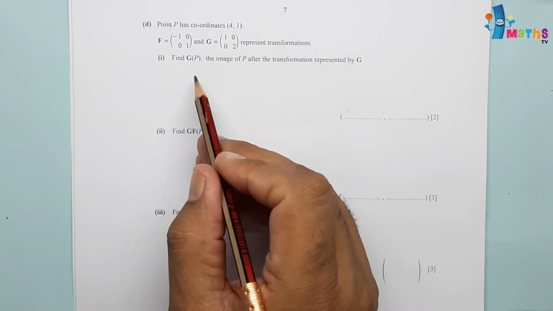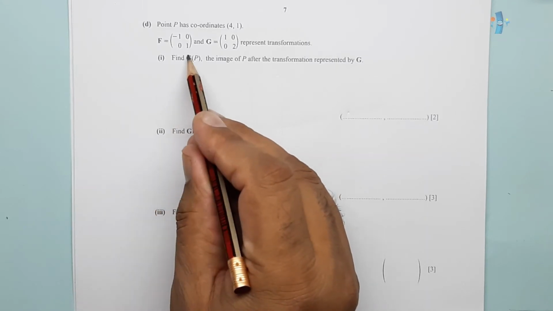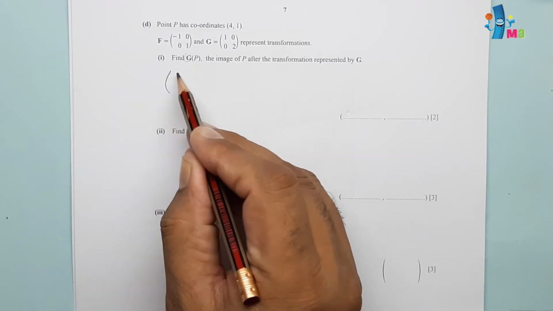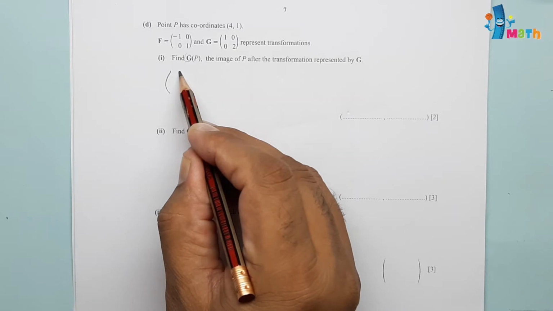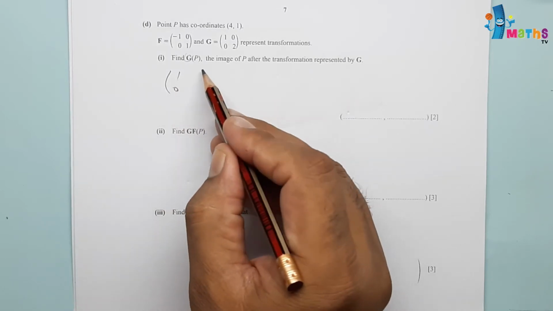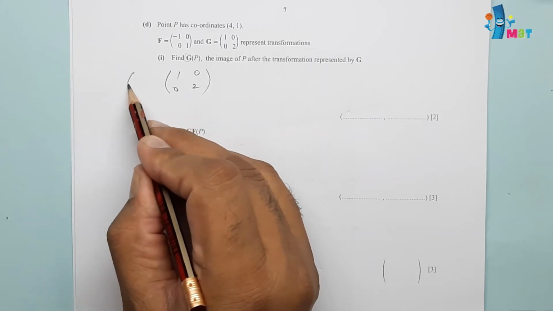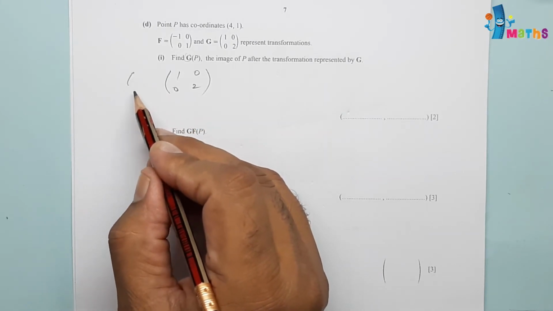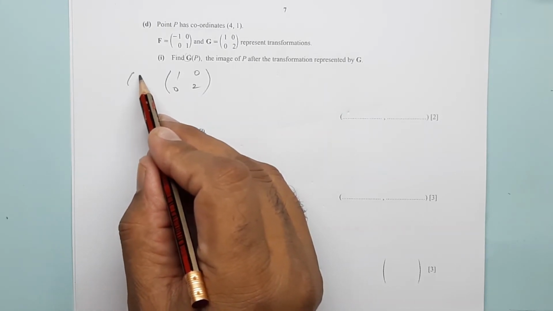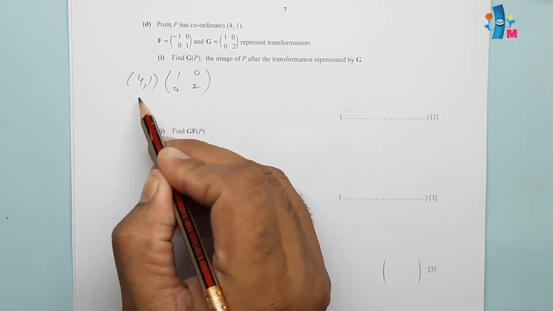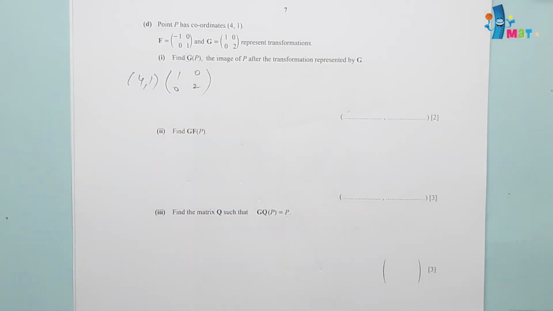This will be G transformation, which is 1 and 0 and 0 and 2. This will be applied on this one. 4 and 1 we can apply on it.